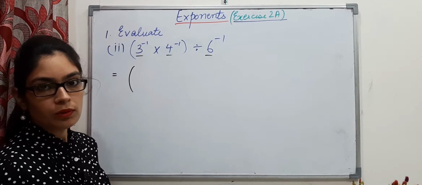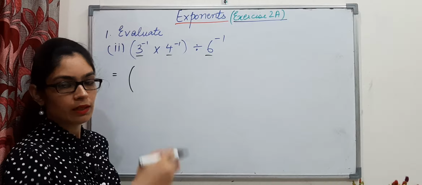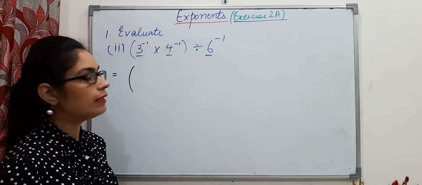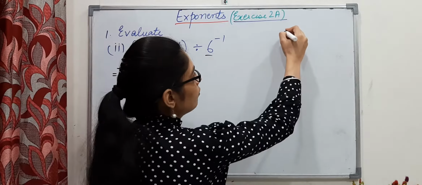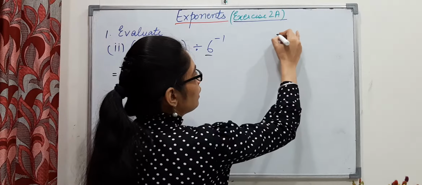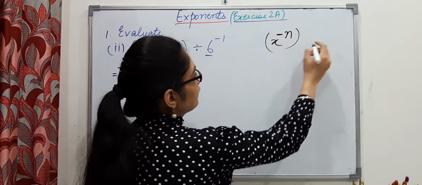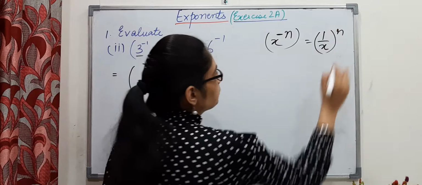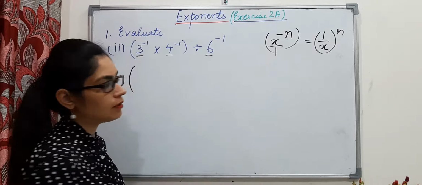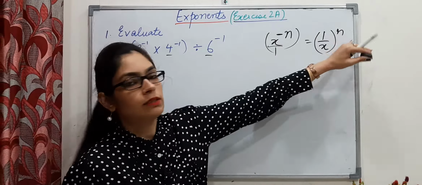Here, one rule I told you in the previous question, at the last step: when the power is negative, x to the power minus n becomes 1 by x whole power n. See, we have to take the reciprocal of the base and the power will be changed to positive.